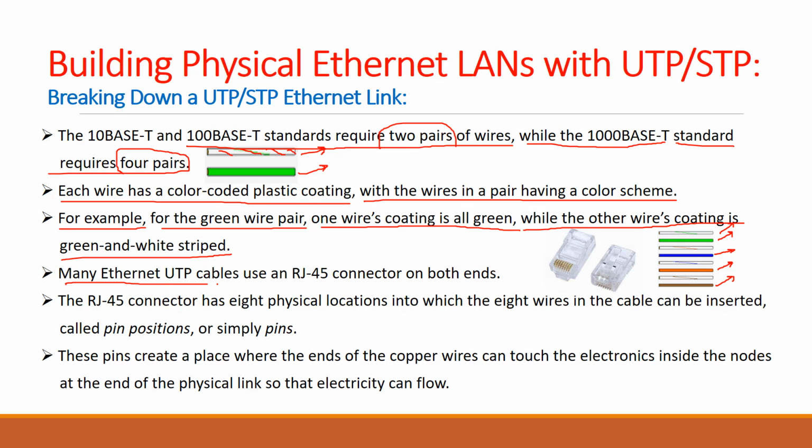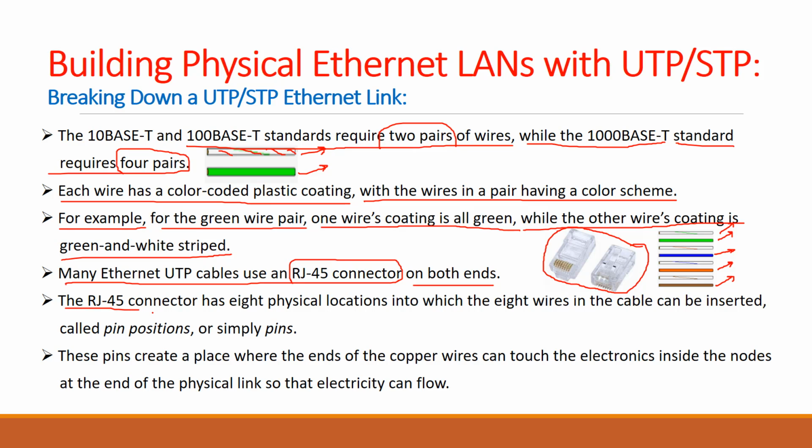Many Ethernet UTP cables use an RJ45 connector on both ends. As you can see here, these are the RJ45 connectors connected on both ends of a UTP or STP cable.